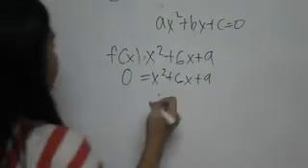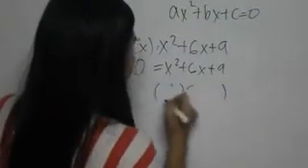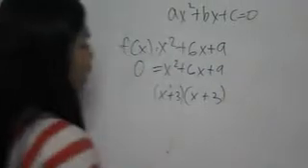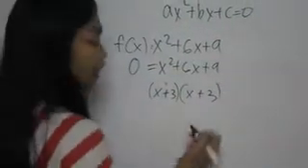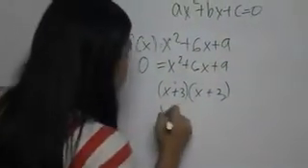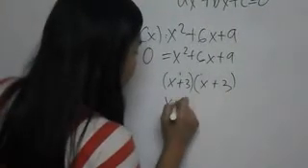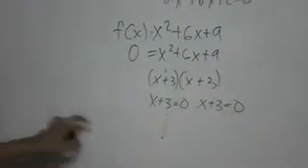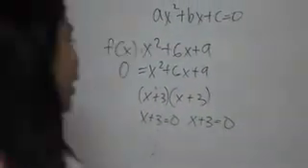Then factor it: (x plus 3)(x plus 3). After that, I'll equate each factor to 0. x plus 3 is equal to 0, and the other one is x plus 3 equal to 0. I will solve for x.